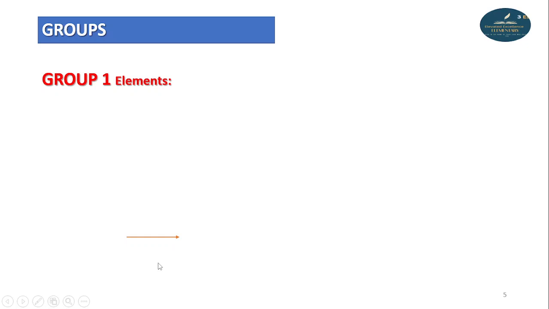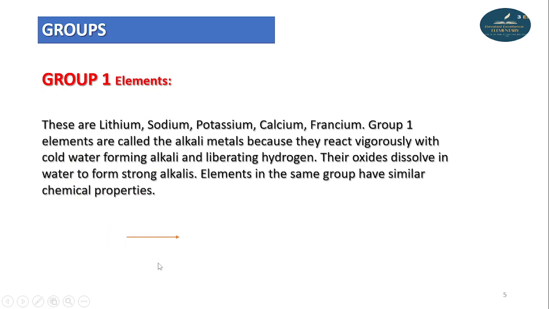Now let's begin with the group 1 elements. These are lithium, sodium, potassium, caesium, francium. Group 1 elements are called the alkali metals. They are called the alkali metals because they react vigorously with cold water, forming an alkali and liberating hydrogen.